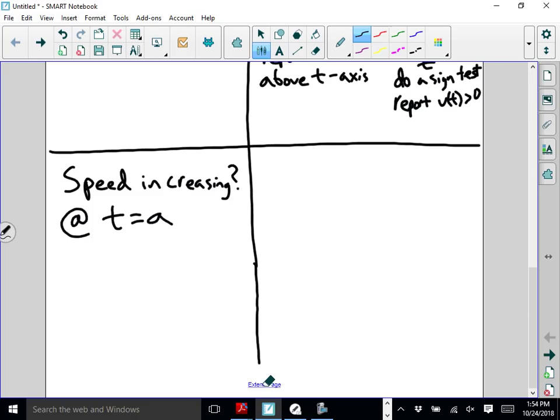So to know if the speed is increasing or if the speed is decreasing, I need to check two things. I need to check v of a's sign and a of a's sign. So I need to check at that time the velocity and the acceleration. I'm just looking for the sign.